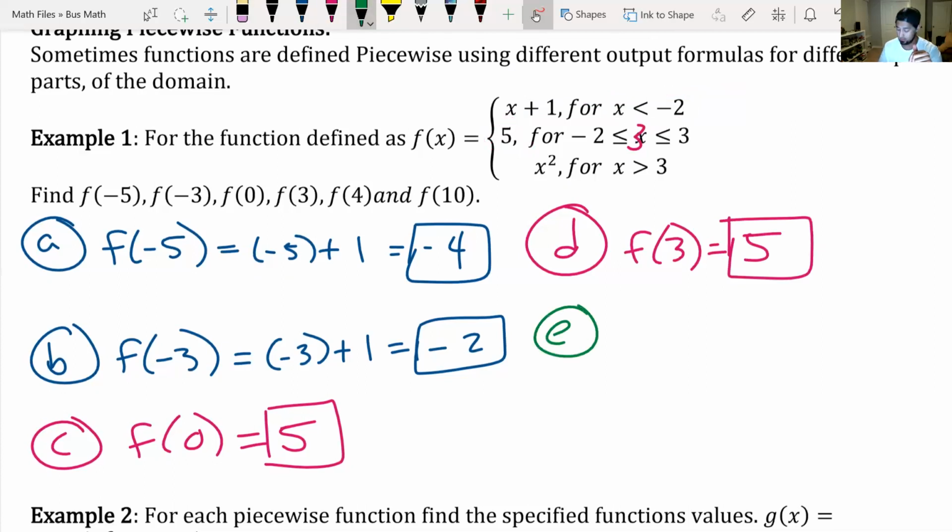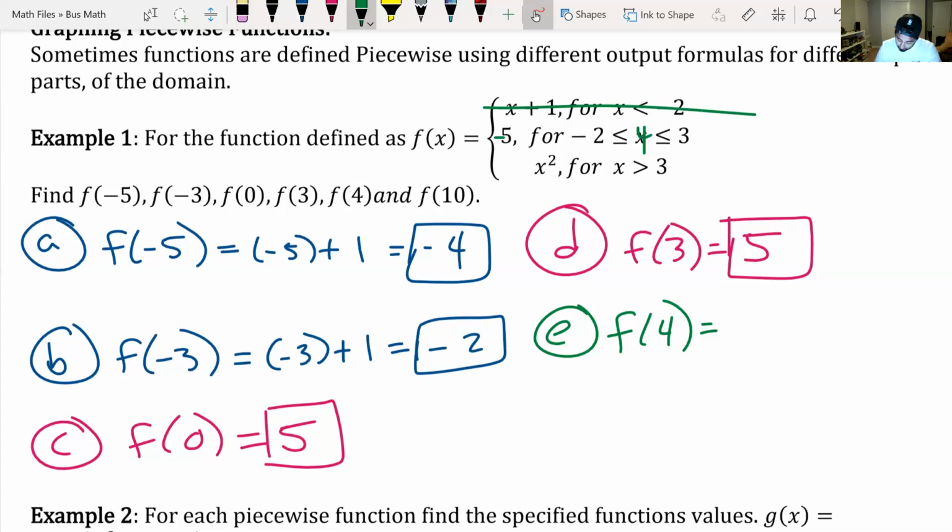Okay. E. F of 4. When x is 4, which restriction does it belong to? Is 4 less than -2? Definitely not. Is 4 between -2 and 3?